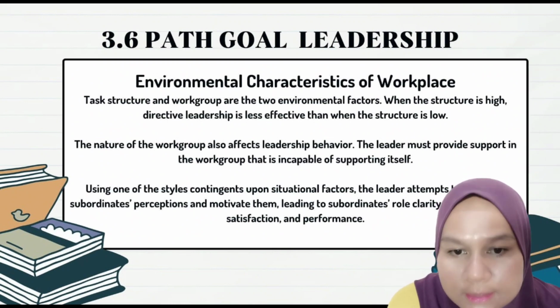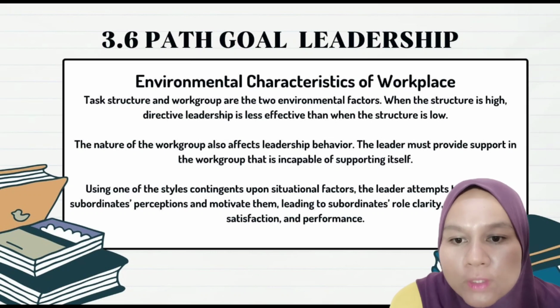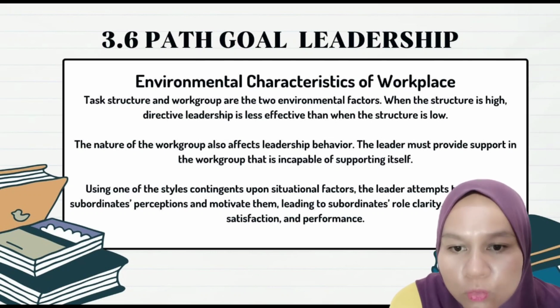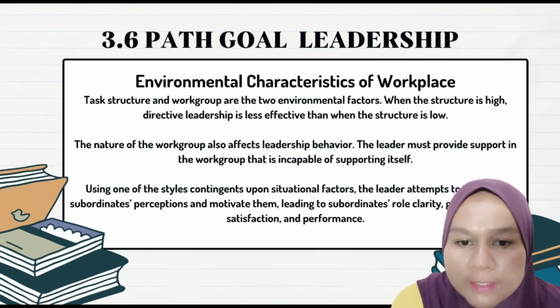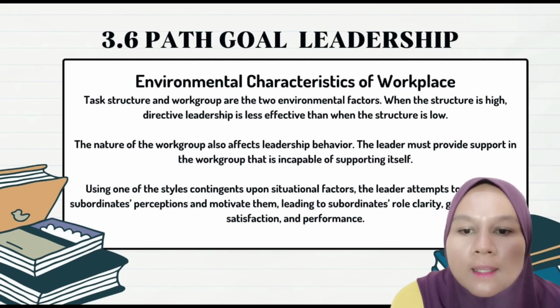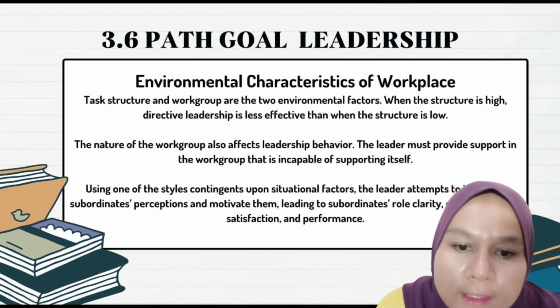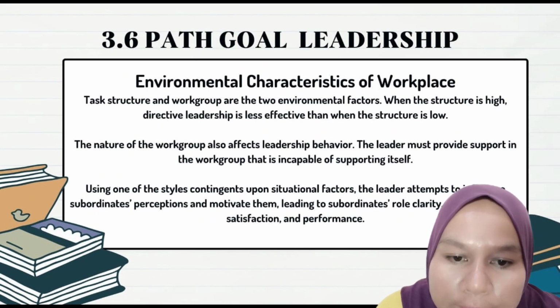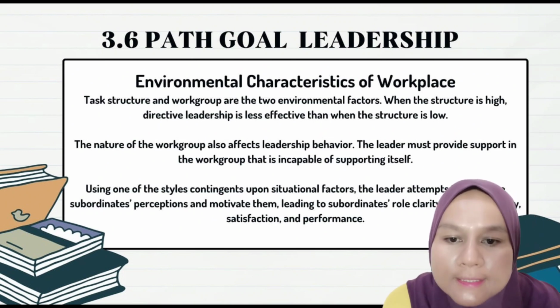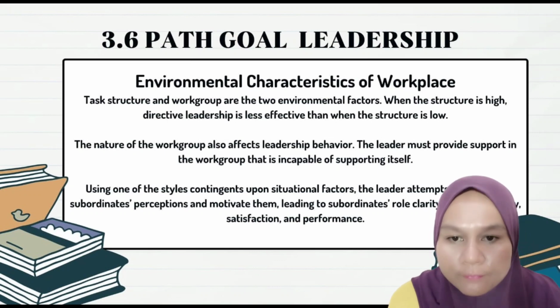The leaders must provide support in the work group that is incapable of supporting itself. Using one of the styles contingent upon situational factors, the leader attempts to influence subordinates' perception and motivate them, leading to subordinates' role clarity, goal expectancy, satisfaction, and performance.